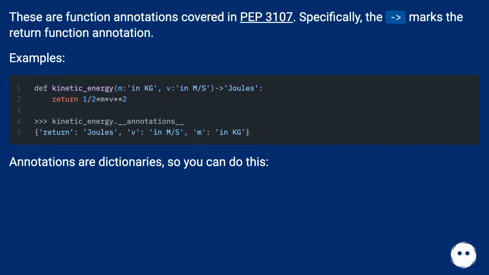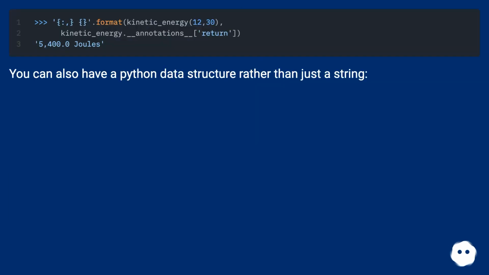Examples. Annotations are dictionaries, so you can do this. You can also have a Python data structure rather than just a string.